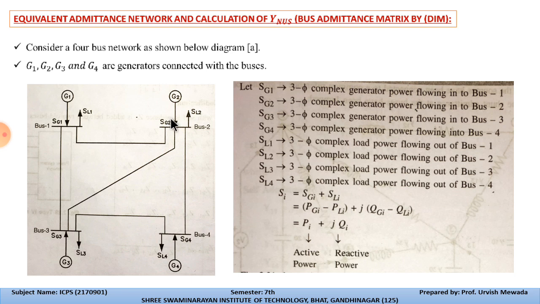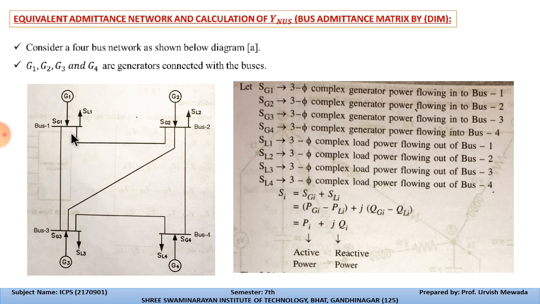So there is interconnection between bus number 1 and 2, and if you consider this link, then we can say generator 1 and generator 2 are both interconnected.